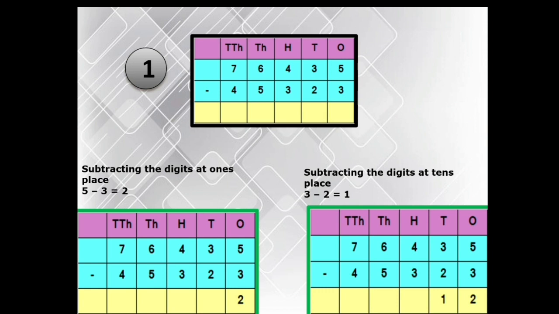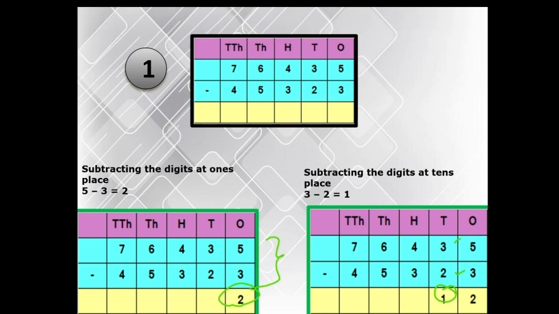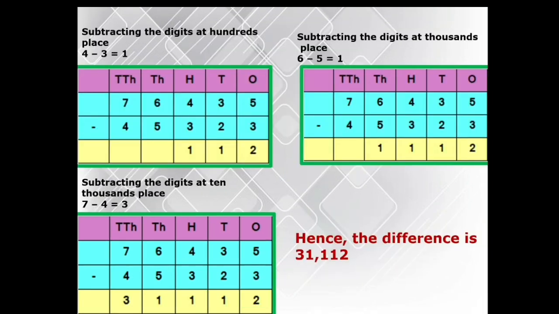So first we have subtracted the number which is in the ones place and we got 2. 5 minus 3 is 2. Then we'll move to tens place. We'll subtract 2 from 3 and we'll get 1. In the next step, we'll move to hundreds place and we'll subtract 3 from 4, that is 4 minus 3, again we'll get 1.